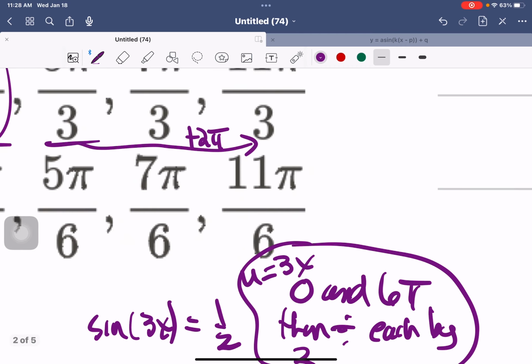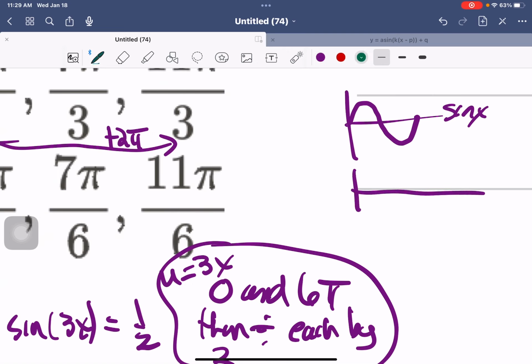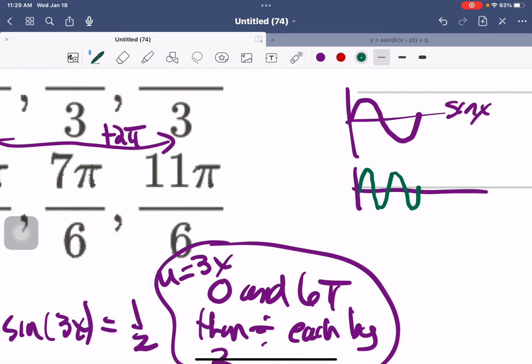And another way to show it, I guess, is with the trig function. So if you think about this, right, there's say, sine x. So then sine of 2x is going to go through the cycle twice in the same amount of time. This is sine of 2x.